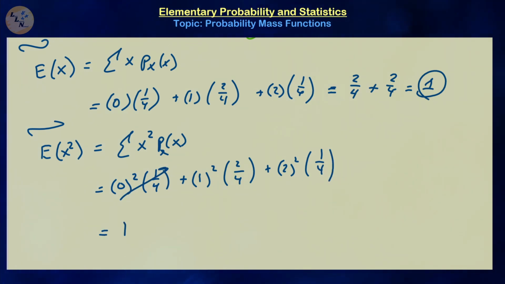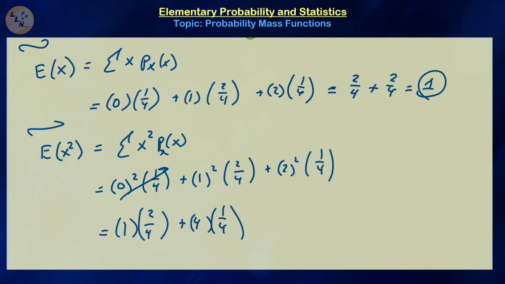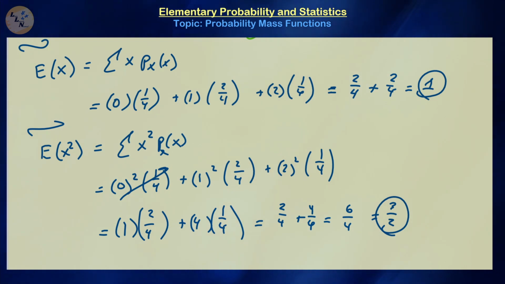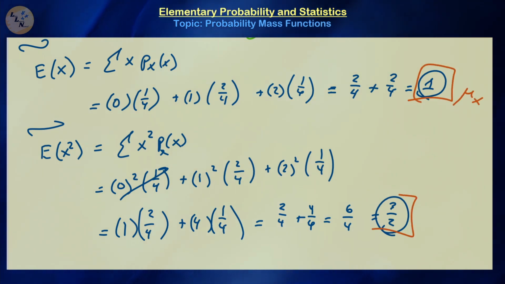So we have 1 times 2 fourths plus 4 times 1 fourth. That's 2 fourths plus 4 fourths, which is 6 fourths, which is 3 halves. So I have my mean, mu x, and I have my second moment, 3 halves.